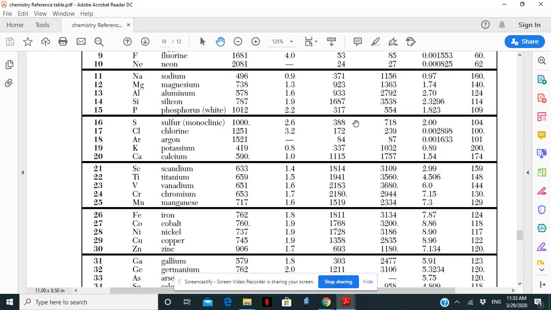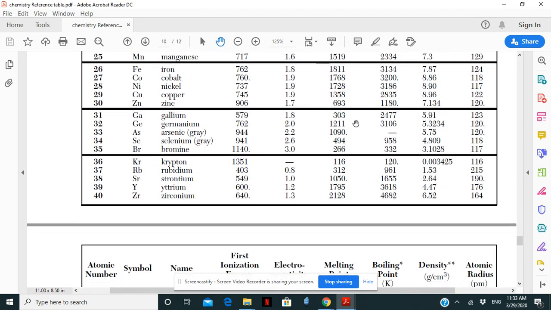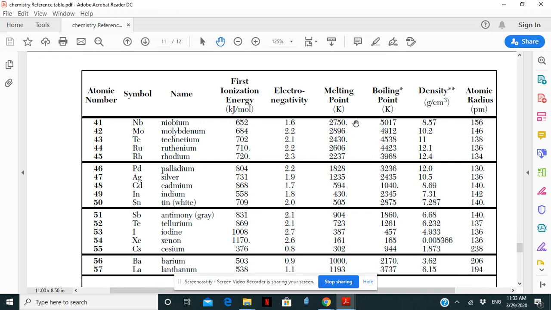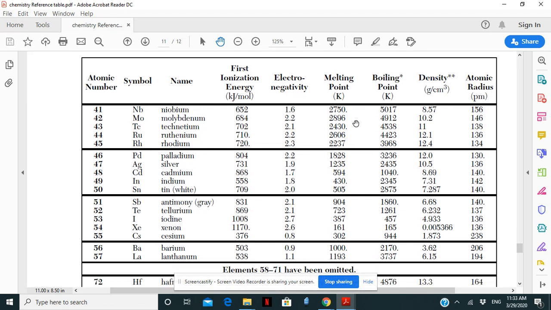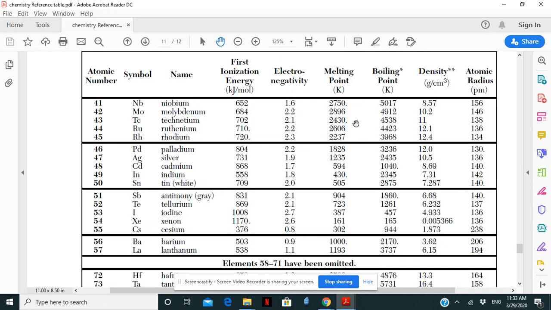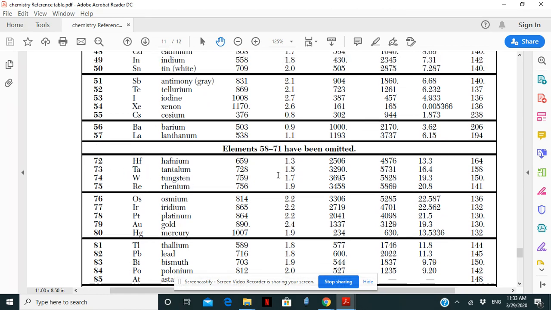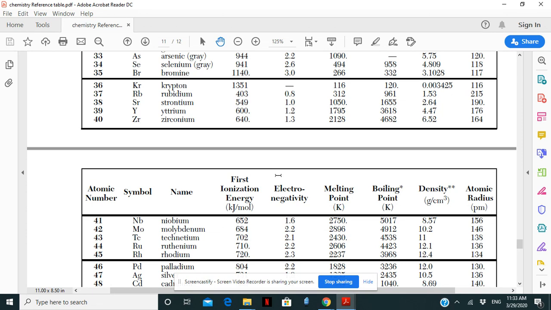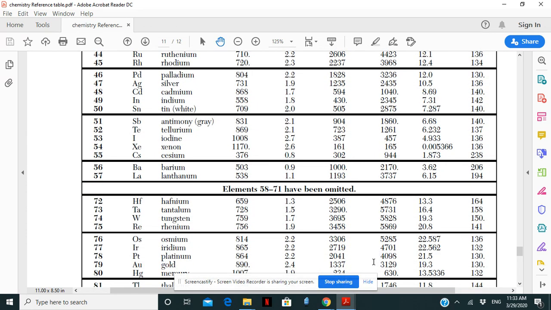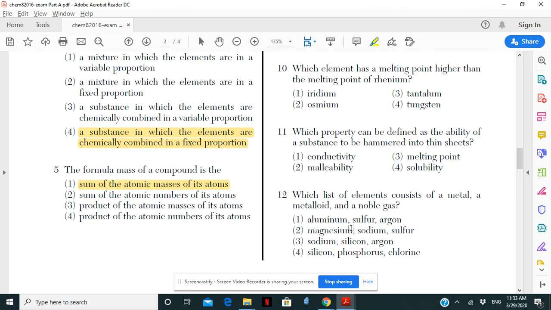Where is rhenium? I'm looking for the rhenium symbol now. Rhenium, Re. The melting point is in the third column: 3450. So which of these elements has more than this amount?